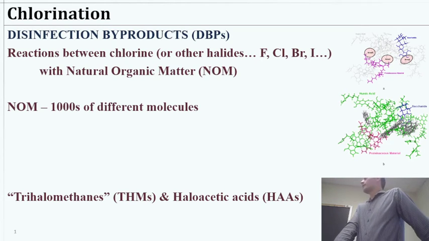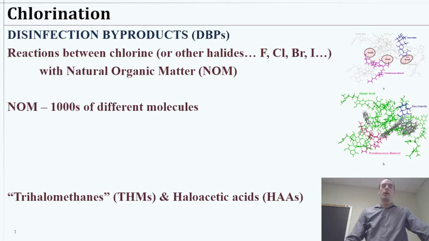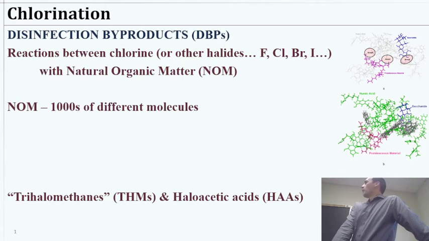However, if you have these things and they react with stuff in the water, and mostly I'm talking about natural organic matter or some other dissolved organic matter, because this could apply to wastewater treatment as well, and we wouldn't really call that natural. But if it reacts with some organic matter, then we're potentially halogenating, so adding these halides to the organics.